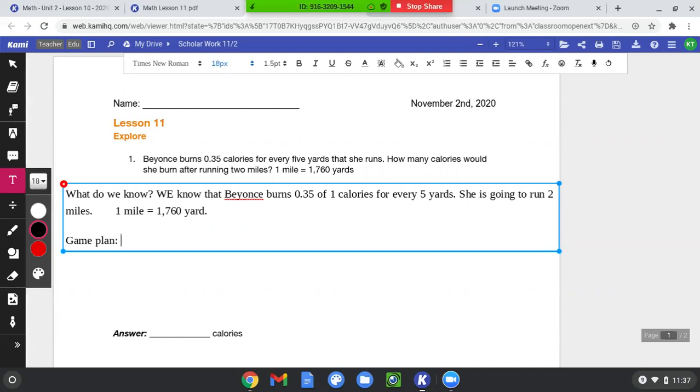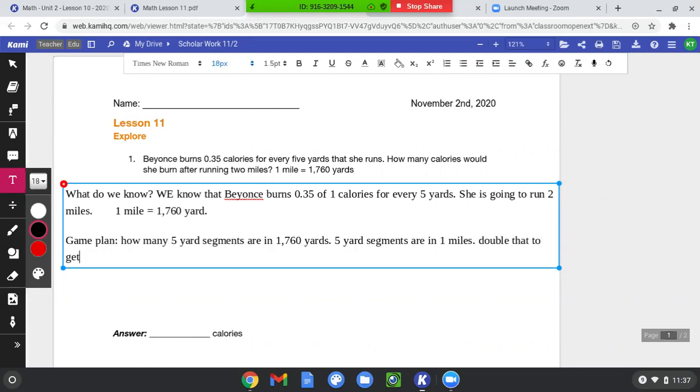Well, first, we need to figure out how many 5 yard segments are in 1,760 yards, because that would tell us how many 5 yard segments are in 1 mile. Then we would simply double that to get 2 miles.